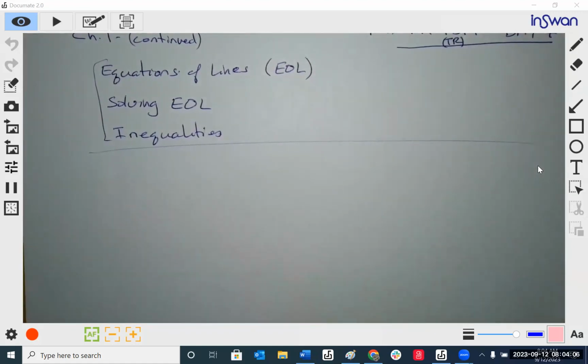Didn't we go over the equations of lines last time, the three different types? Well, it's just in case not.